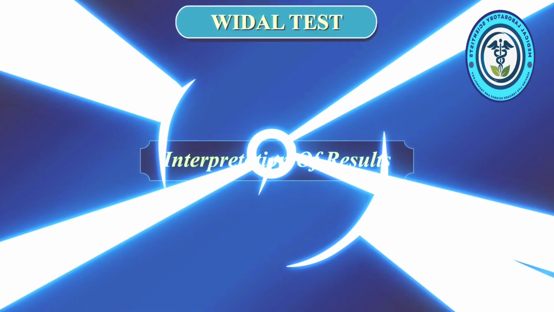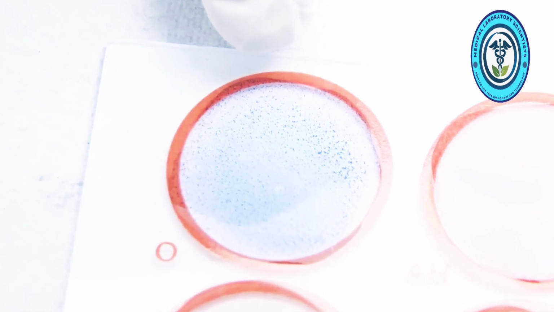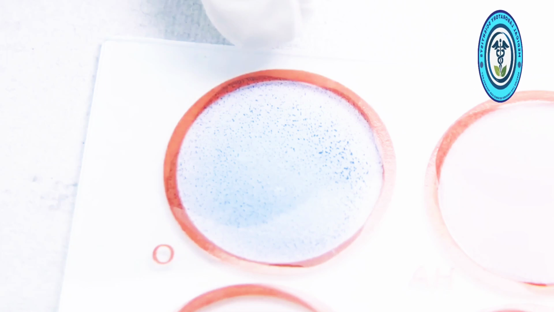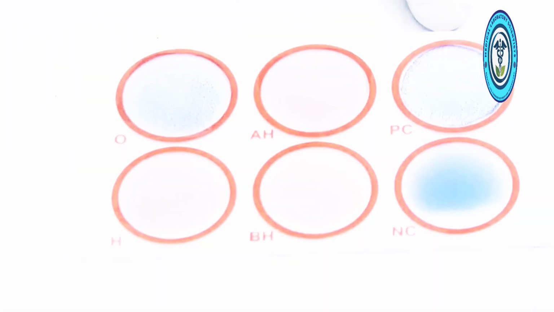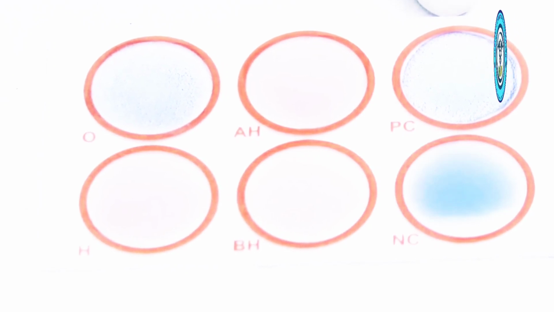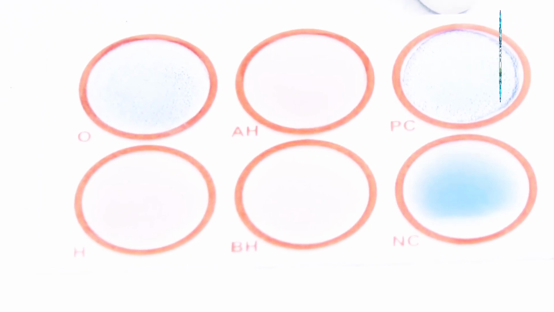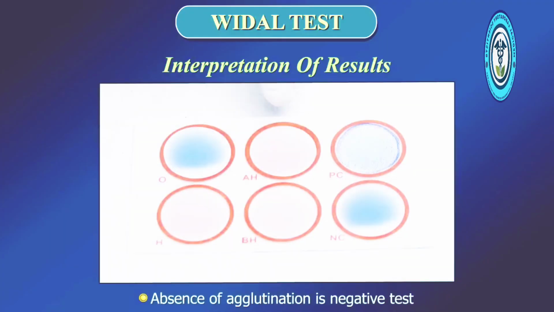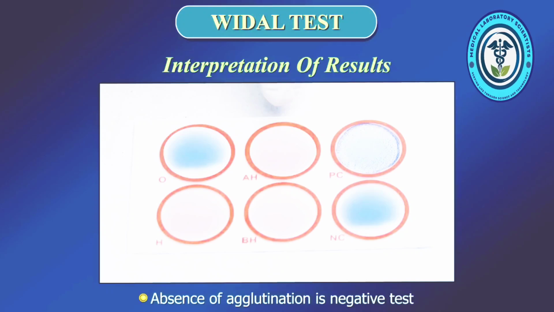Interpretation of results: observe for agglutination or formation of clumps in the wells. Compare it with the positive control. Agglutination is a positive test result and indicates presence of the corresponding antibody in the patient's serum. Absence of agglutination is a negative test result and indicates that the corresponding antibody is not present in the patient's serum.